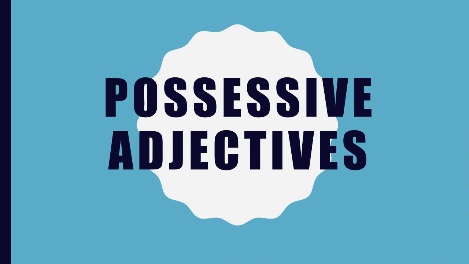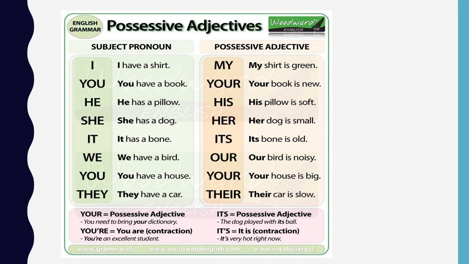The next topic is possessive adjectives. Possessive adjectives are the words that we use to express possession. They are different for each subject, or for each subject pronoun, let's say. On this column, you are going to see the subject pronouns.